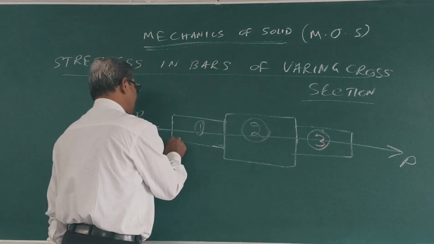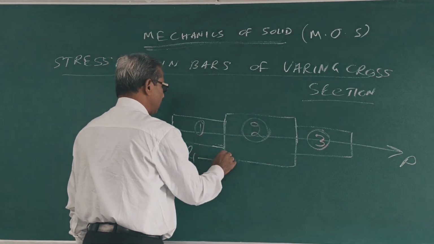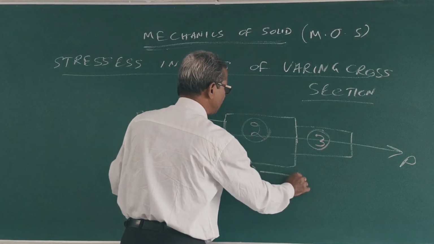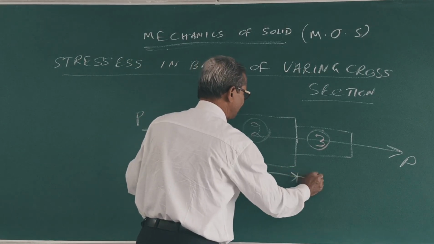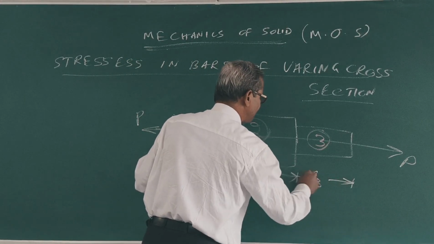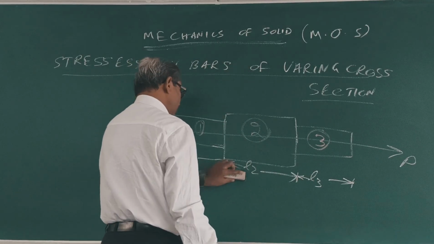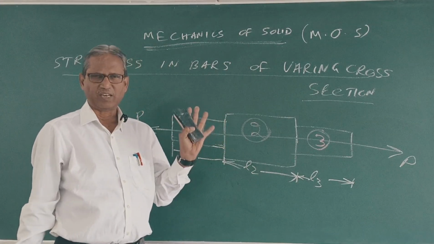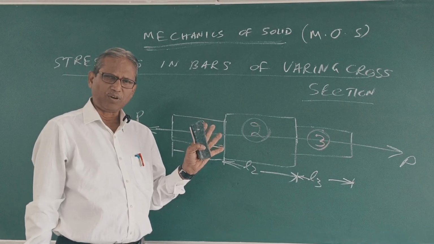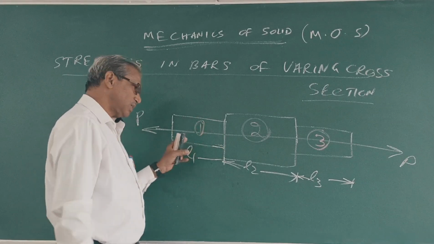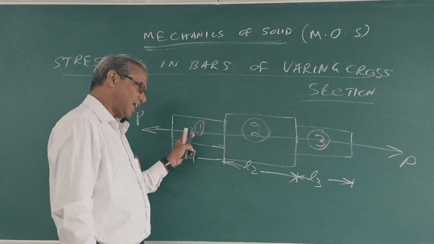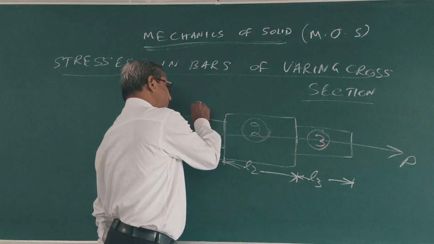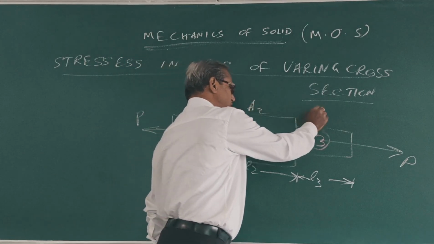This is length L1, length L2, length L3. Suppose all the sections have the same material, so E is the same for all, but different areas: A1, A2, A3.